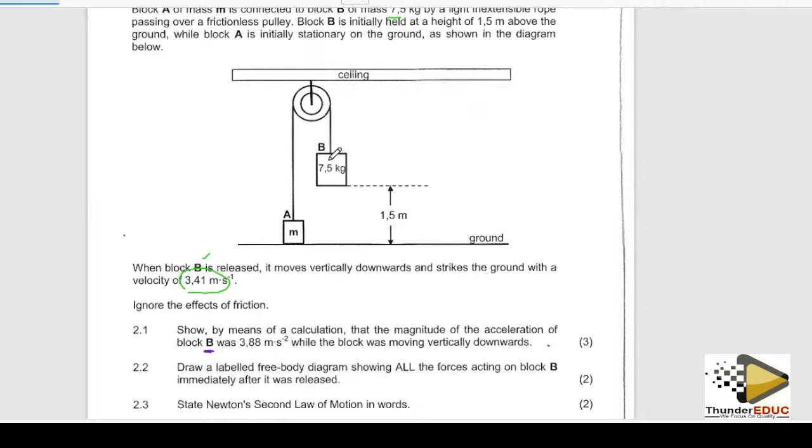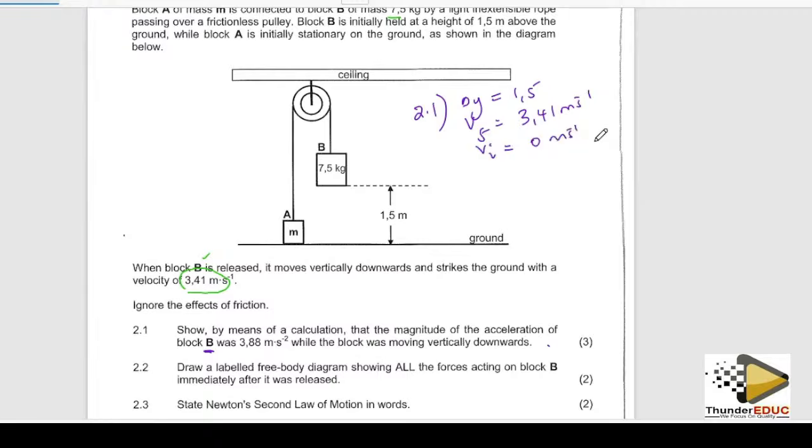It's more like a vertical projectile scenario, and then I'll have to apply the equations of motion. What do I have? I have my displacement, so change in y is 1.5. I have my final velocity, which is 3.41 meters per second. What is our initial velocity? It's 0.